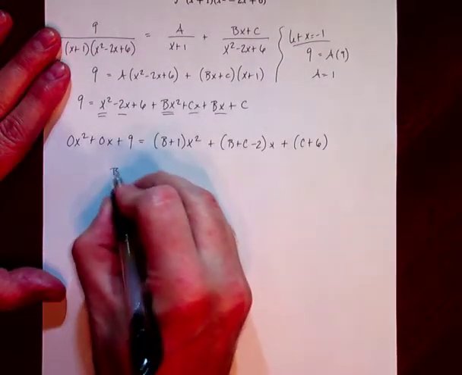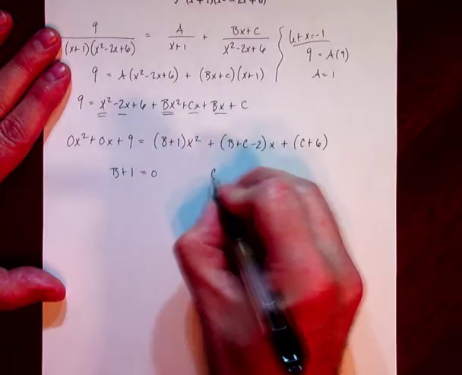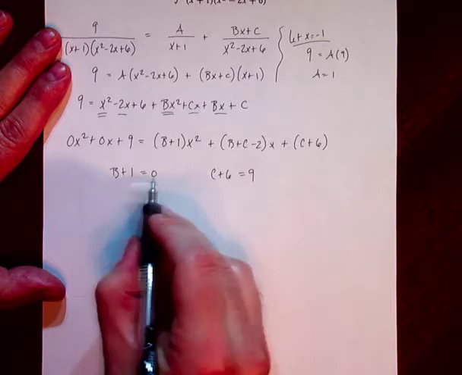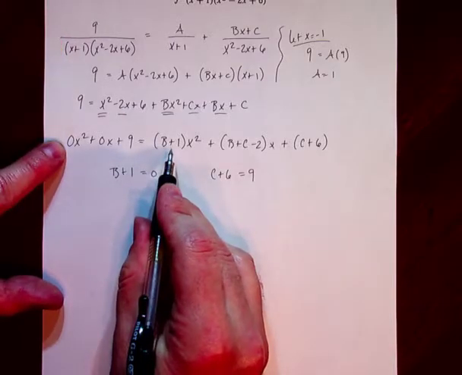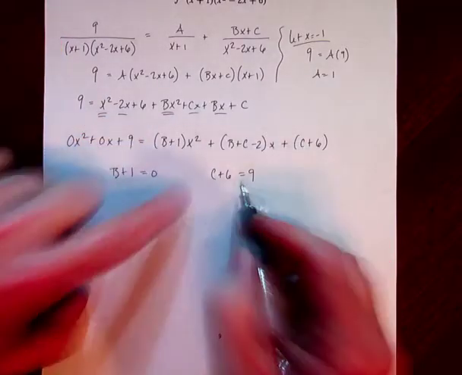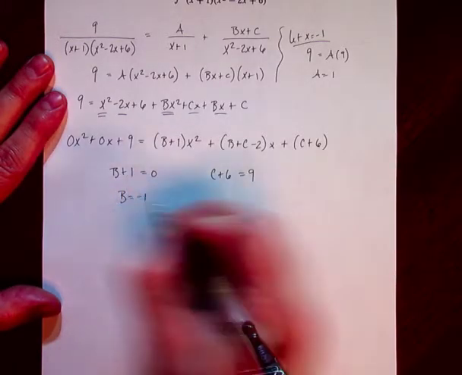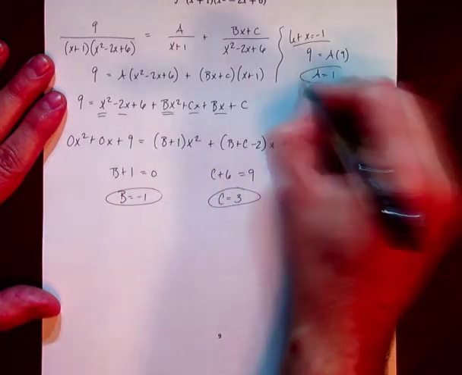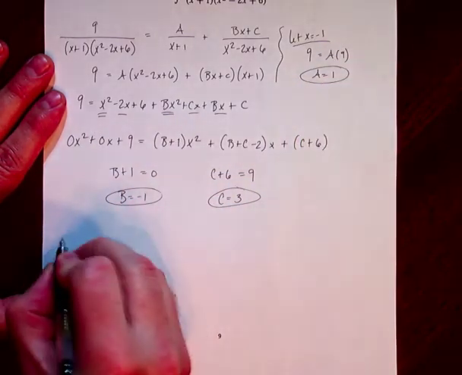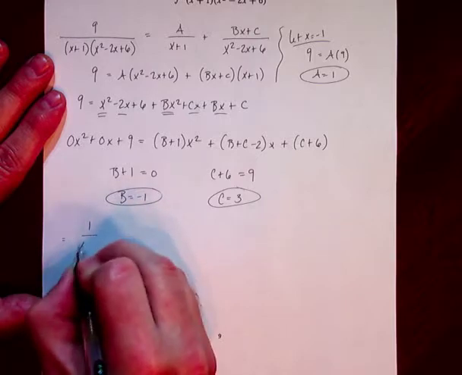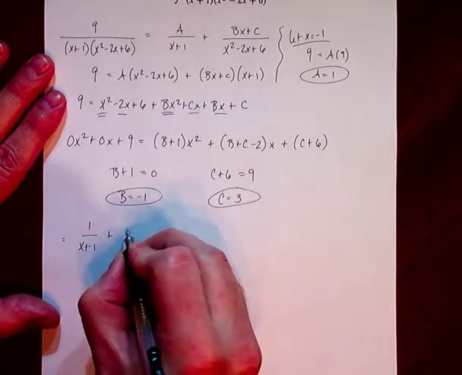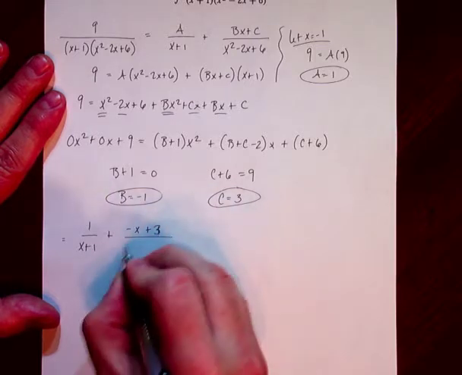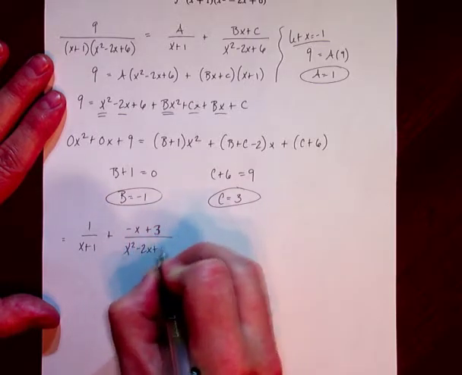Well, b plus 1 is obviously equal to 0, and c plus 6 is obviously equal to 9, right? This being the two quadratic coefficients, and this being the two constants. B is equal to -1, c is equal to 3, and I have my three things. And I know now that it's going to be 1 over x plus 1 plus -x plus 3 over x squared minus 2x plus 6.